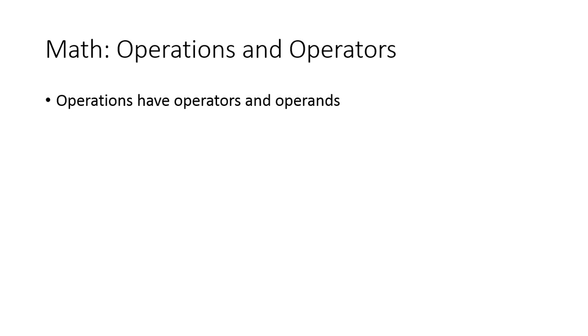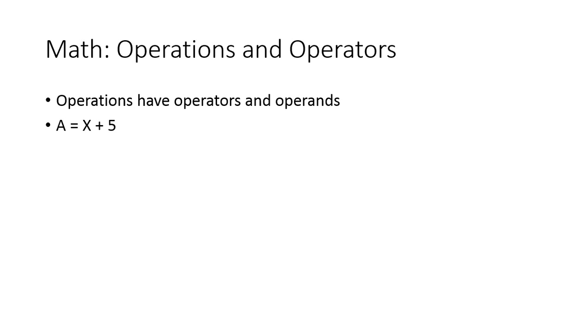So in most programming languages, we refer to operations as basically a finite action that can be taken, and those are made up of operators and operands. So the operator, for example, in the expression a equals x plus 5, the most obvious operator is the plus sign.